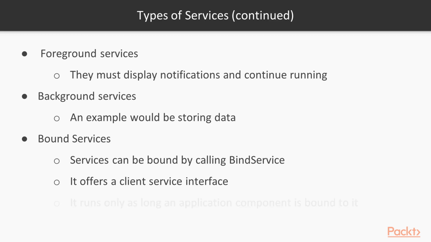A bound service runs only as long as another application component is bound to it. Multiple components can bind to the service at once, but when all of them unbind, the service is destroyed.